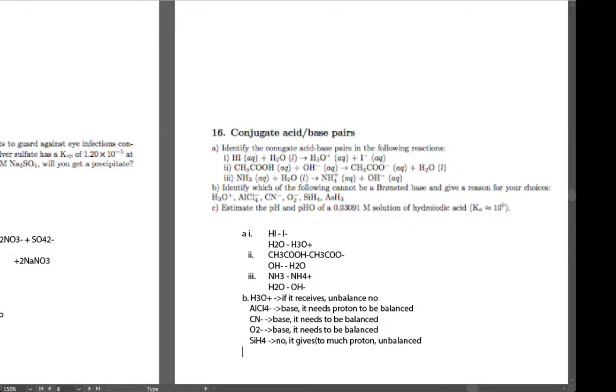And then lastly, AsH3, no, it gives, too much proton, unbalanced.